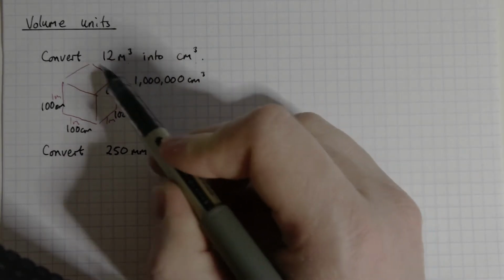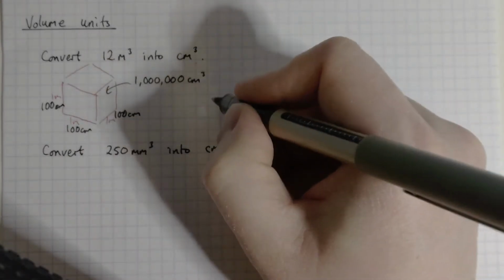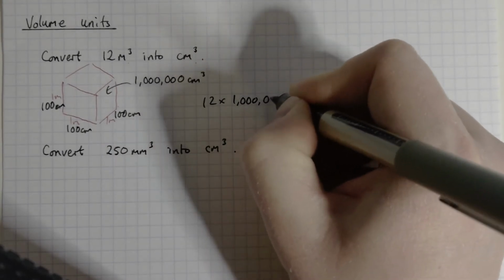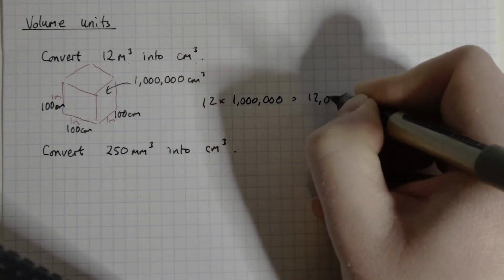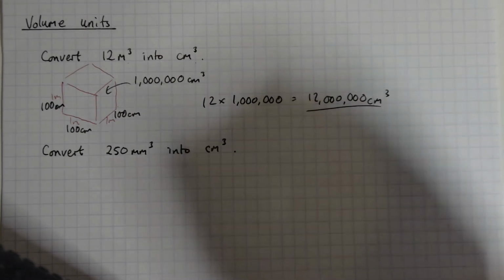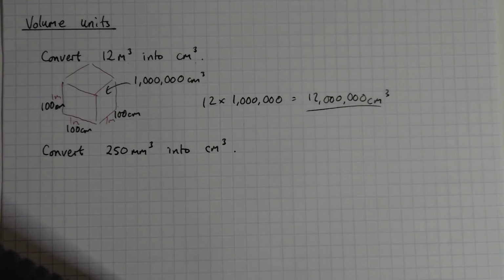So to do this conversion, it's just 12 times 1,000,000, which equals 12,000,000 cubic centimeters. And I'm done.